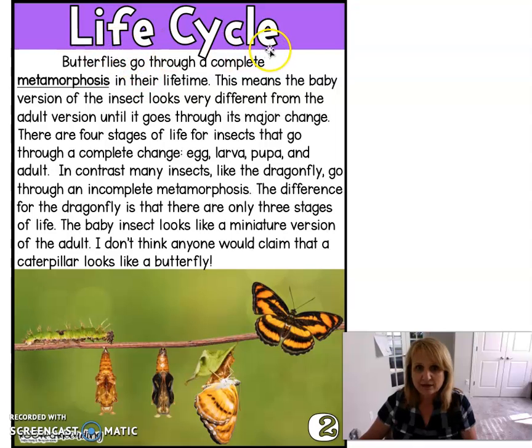Life cycle. Butterflies go through a complete metamorphosis in their lifetime. This means the baby version of the insect looks very different from the adult version until it goes through its major change. There are 4 stages of life for insects that go through a complete change.